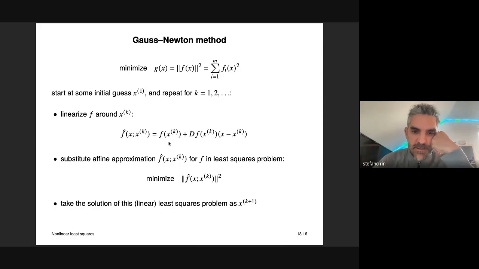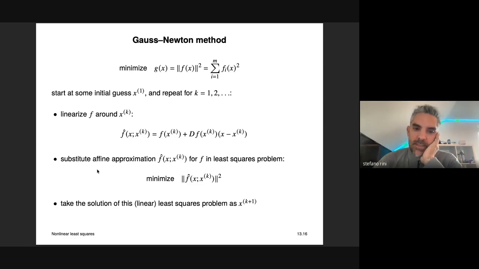This linearization gives us the function evaluated at x of k, our current guess. Here we have our beloved Jacobian evaluated at the point x of k, and then here we have the difference vector, x minus x of k. x is still our independent variable, and x of k is the guess.